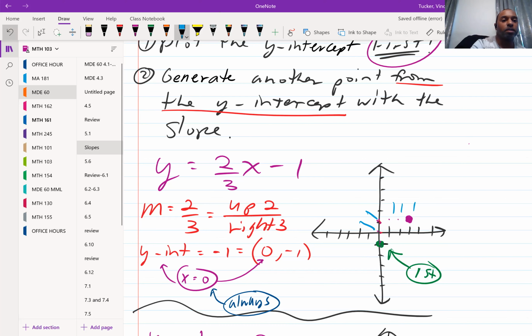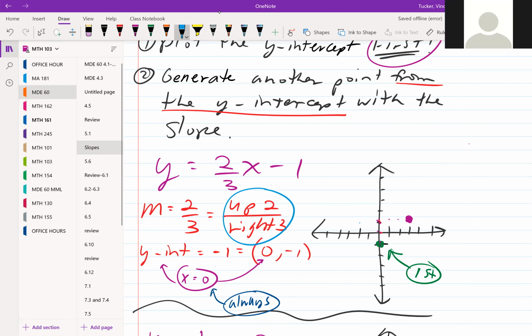Yes, sir. The M is the purple dot? No, your M is your directions. Your M is never a dot. It creates a point, but that point is not necessarily associated with your slope.